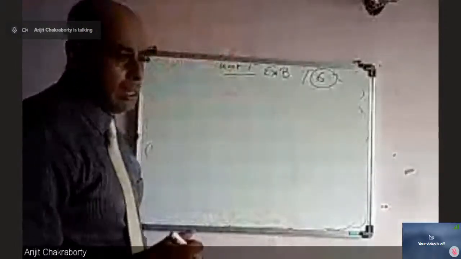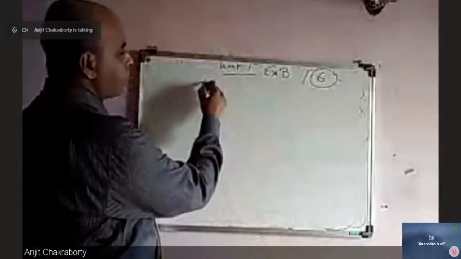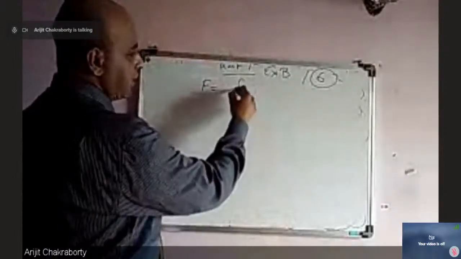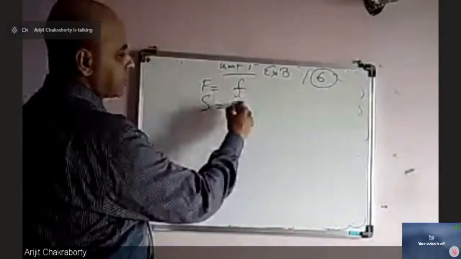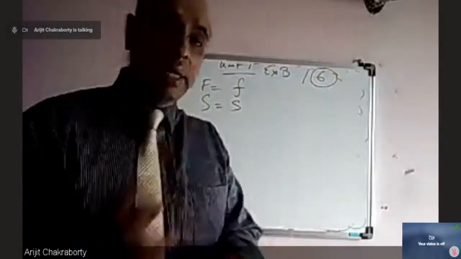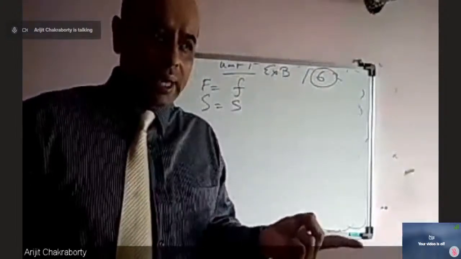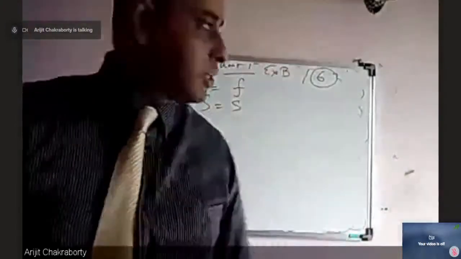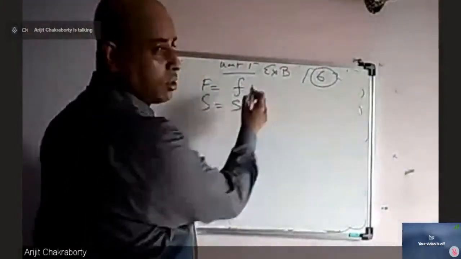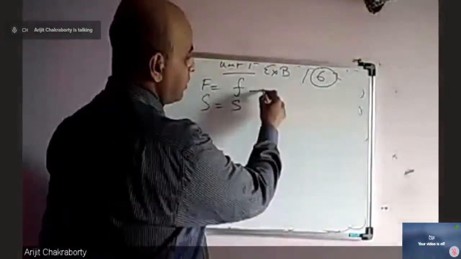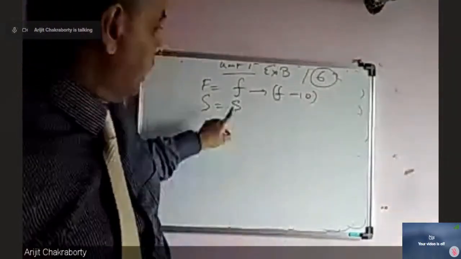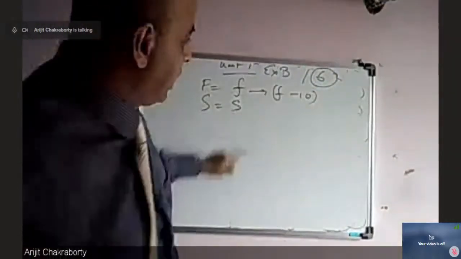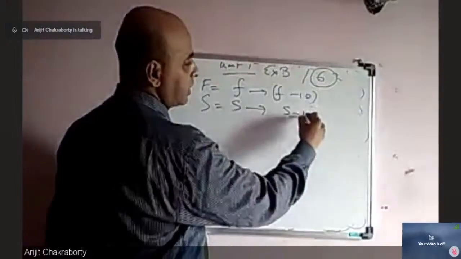So now the question is, 10 years ago, the age of a father was 4 times that of his son. Let father's age be F and the son's age be S. 10 years ago, father's age will be F minus 10, and the son's age is S minus 10.